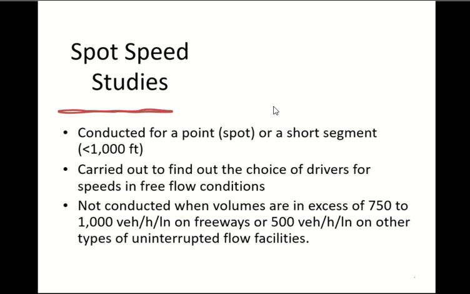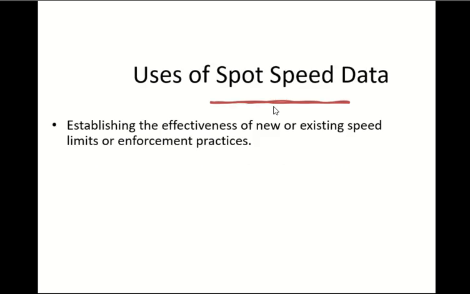So instead of a radar, you can use a stopwatch and keep the distance under 1000 feet. Instead of fully free flow conditions, you can have a flow in these ranges and still it is considered fine. Okay, clear?